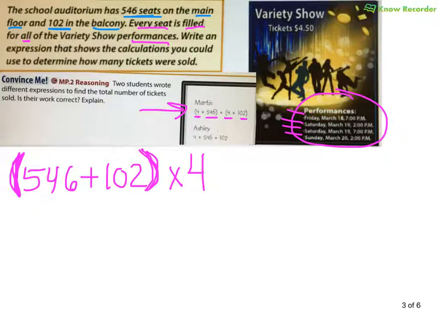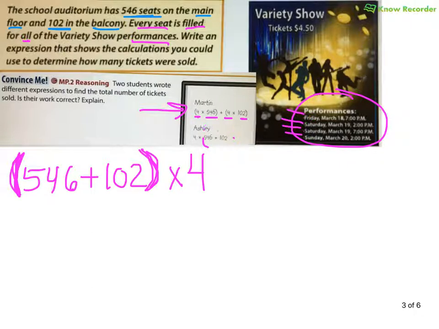However, Ashley, she totally messed up because she said 4 times the main plus 1 show at the balcony. Not cool. She needed to have how many seats are in all times 4. And then it looks just like Mr. O's.